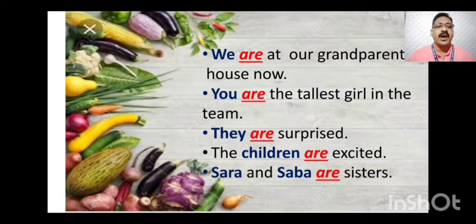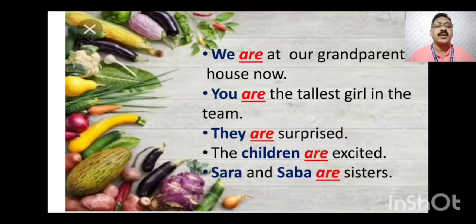Now comes are. We are at our grandparents' house now. You are the tallest girl in the team. They are surprised. The children are excited. Sarah and Saba are sisters.